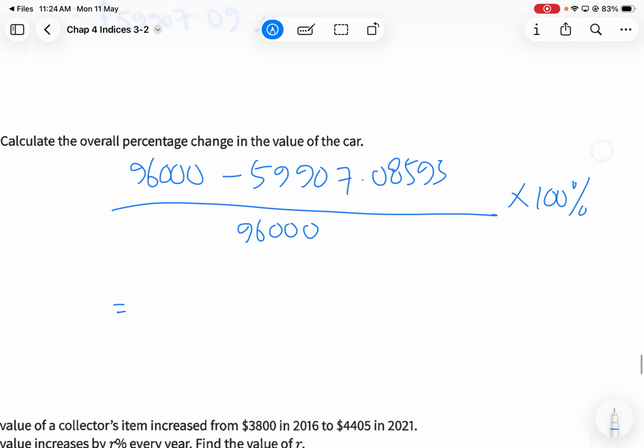That will change this change into a percentage.